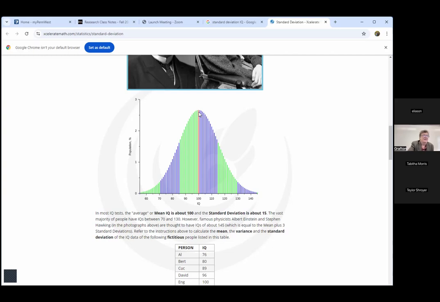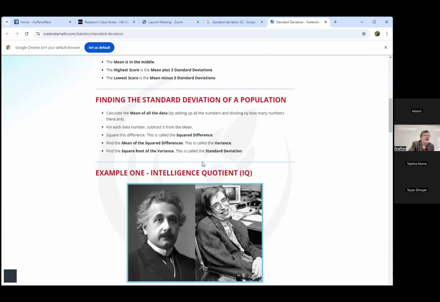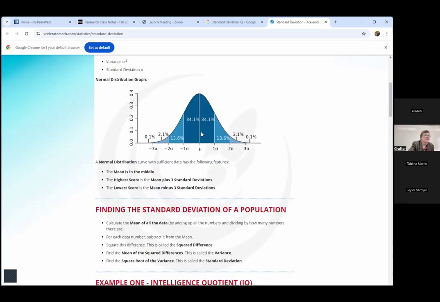It's considered normal. The average person scores within one standard deviation of the norm, because if we add these two things up, we've got 68.2% of the population all scoring between 85 and 115.